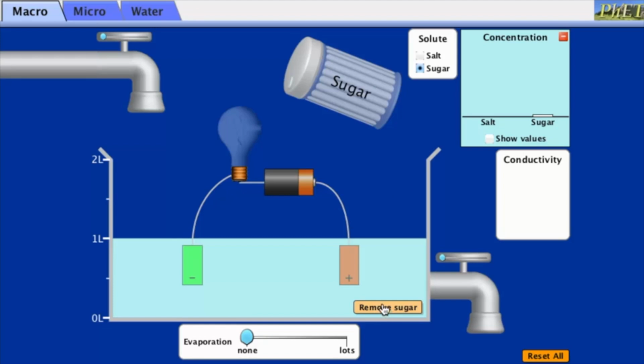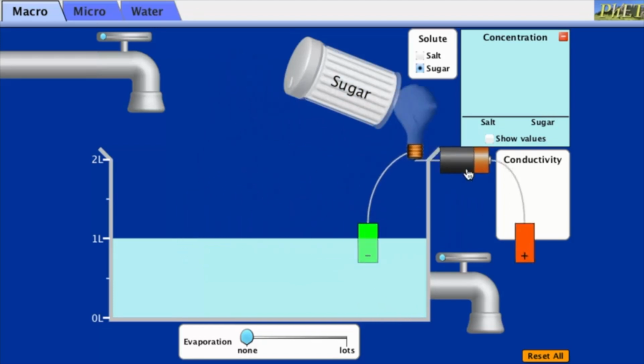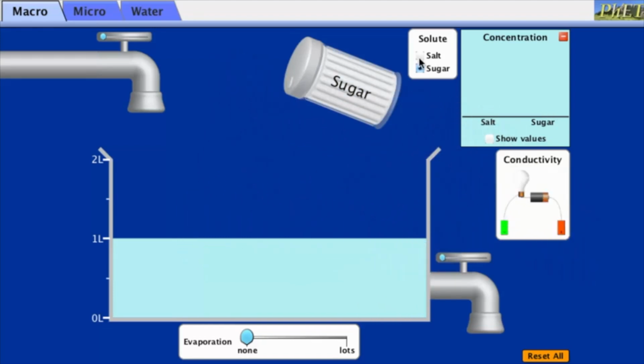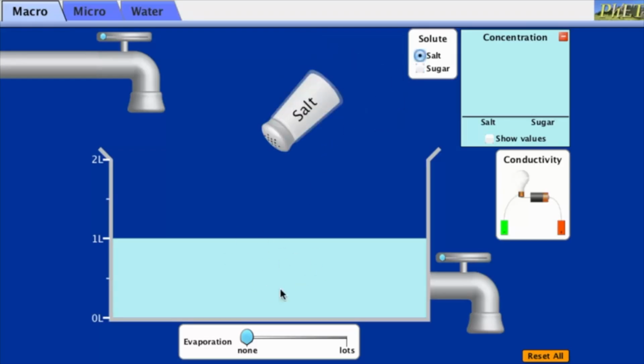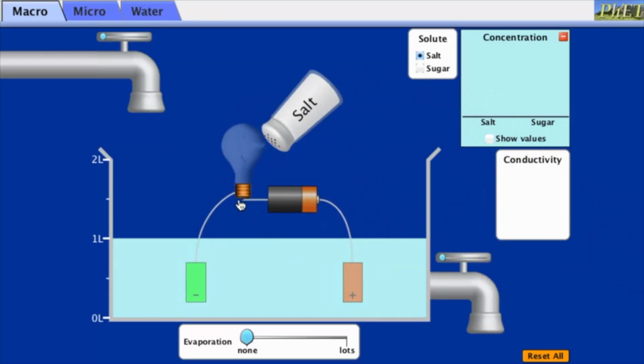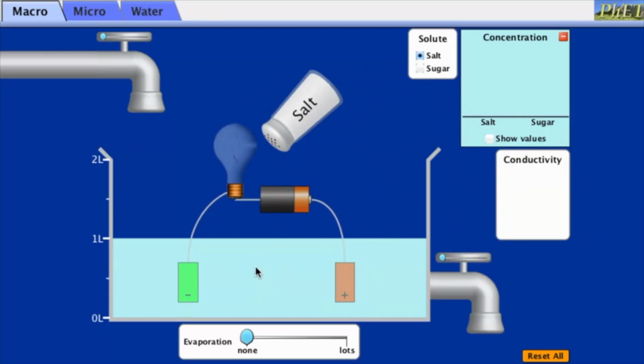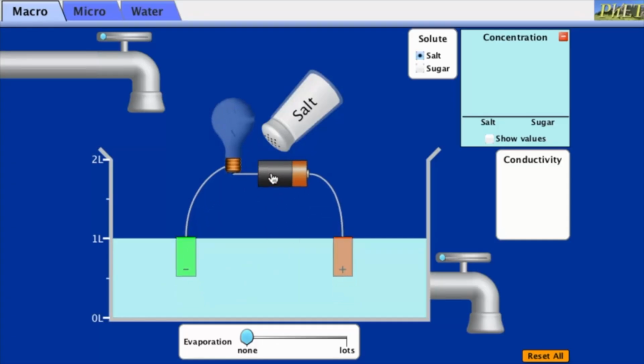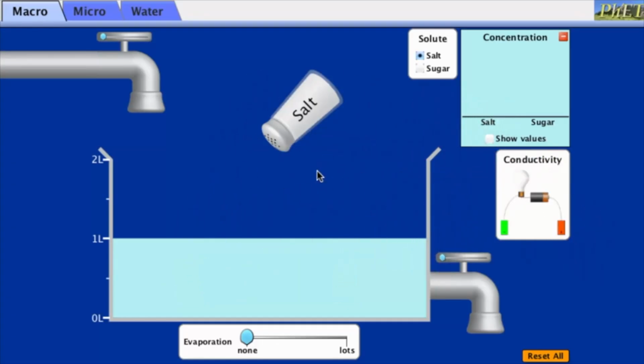Let's remove our sugar and remove our electrode, and we will change our substance now to salt. So this is water alone. Let's check to see if the water will light by itself. As you can see, the water is a non-conductor because our voltage is low. Let's remove our electrodes, and right now we're going to add salt to our water to make salt solution.